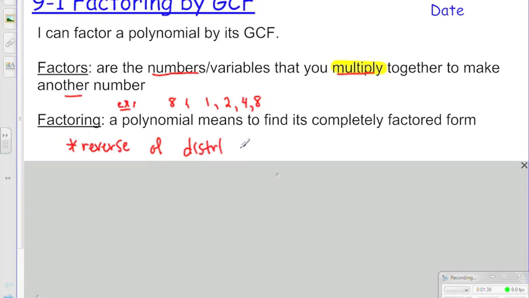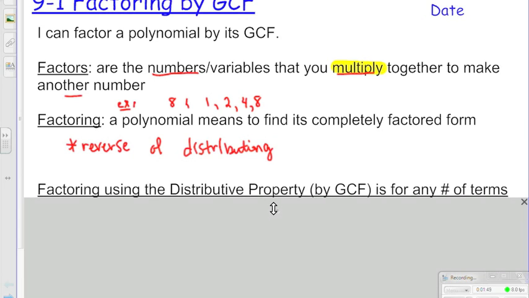So distributing means we multiply together. Factoring means we're going to do the reversal and break it back apart. So factoring using the distributive property, which is also known as factoring by GCF, is for any number of terms. That means I could have 5 terms, 7 terms, or 2 terms. So it's for any number.